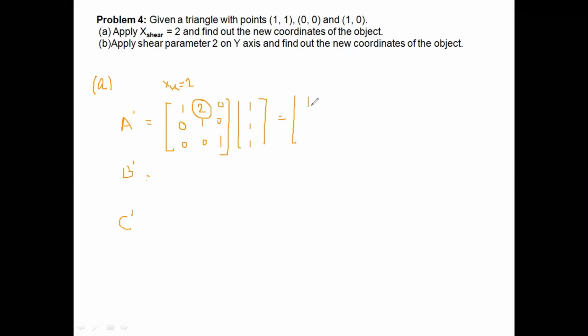That will be 1 plus 2 plus 0, and the rest of the thing will be 0 plus 0 plus this one. This will give you 3 1 0.